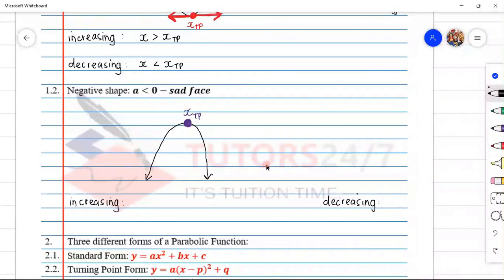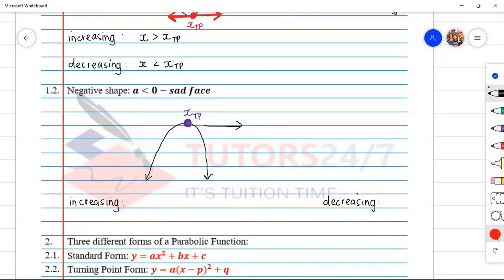So let's start with the right hand side of our negative shape parabolic function. So if you look at the right hand side, it kind of looks like the negative gradient of your linear function. And we said that whenever we have a negative gradient, we then know that it's a decreasing function. Because as you can see, the value of x is getting bigger as you go to the right, but the value of y is getting smaller.